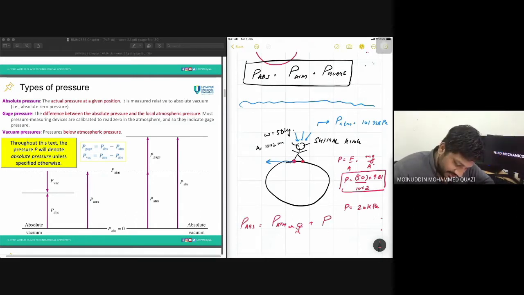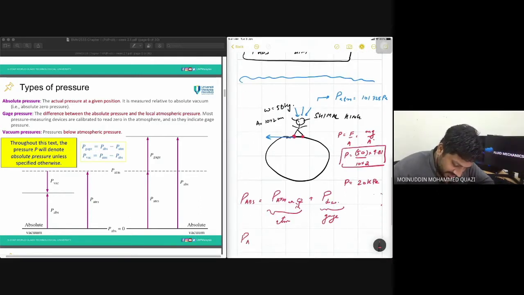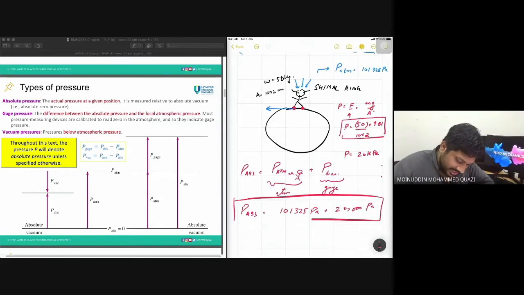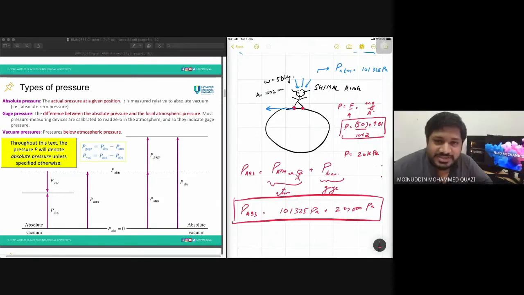The pressure due to weight is also called gauge, and this is called atmospheric. So P absolute for Mr. Shimal is equal to 101,325 pascals plus 20 kilopascals, which means 20,000 pascals. This is the absolute pressure acting on the surface on which Mr. Shimal is standing. So, understood, guys, this concept?